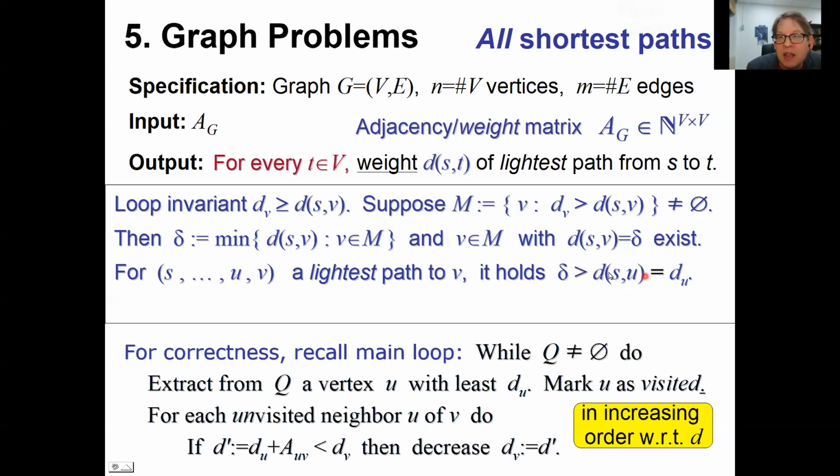By hypothesis, since we only consider edges of positive weights, right? So if the graph has some edge of weight 0, we first initially merge the two vertices.